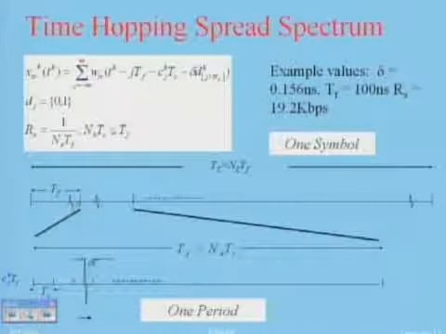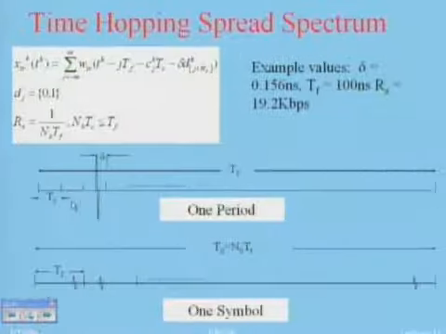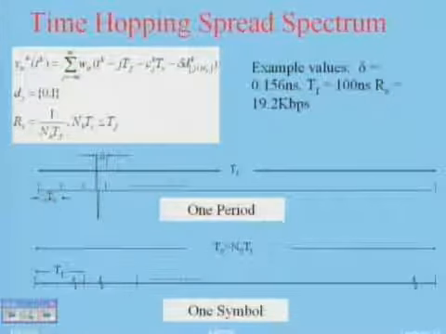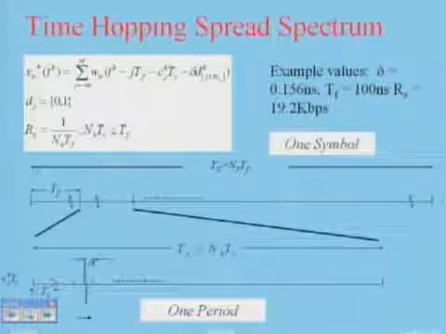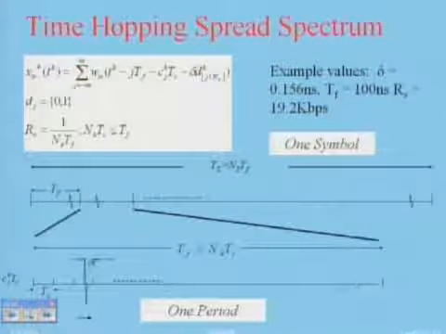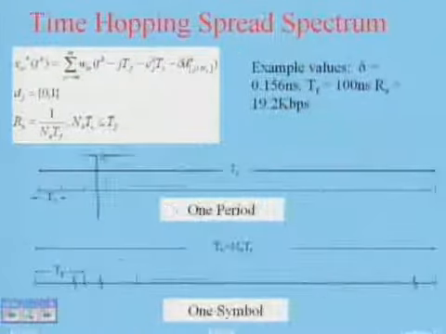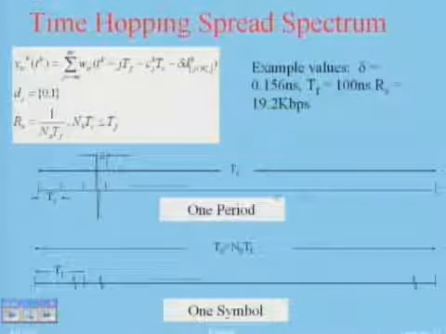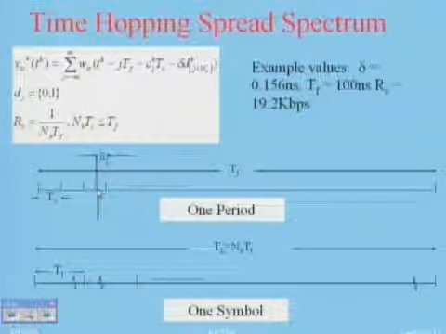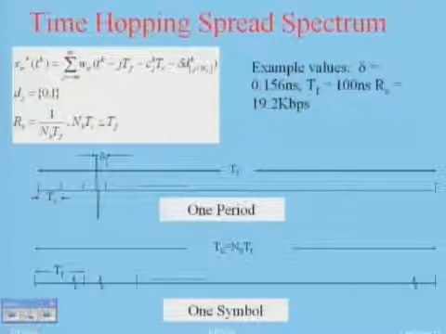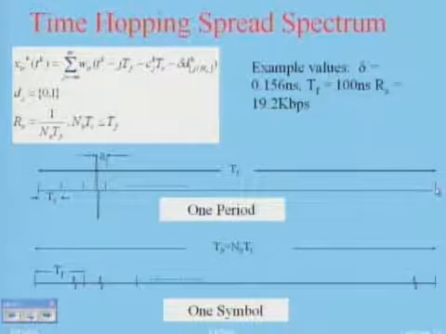Inside T sub f, I want to send a pulse. In order to send a pulse, I have divided this T sub f into chips, similar to direct sequence chips. So I have these TCs, and I want to send a pulse in there. Randomly, I select one of these chips using a random number generator.